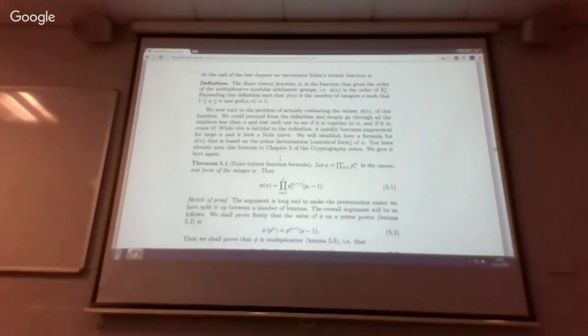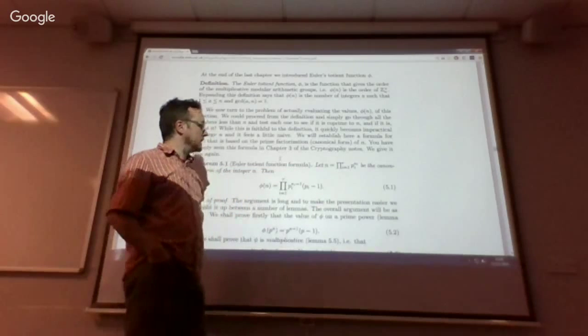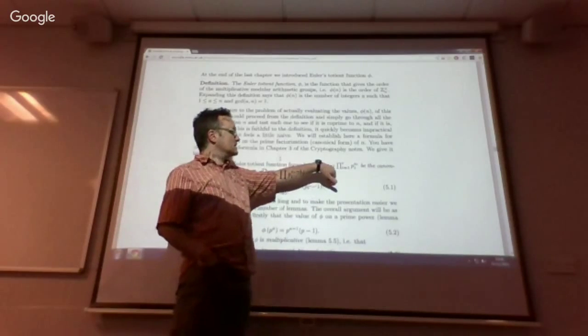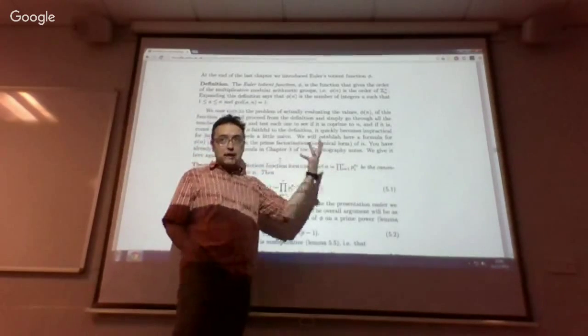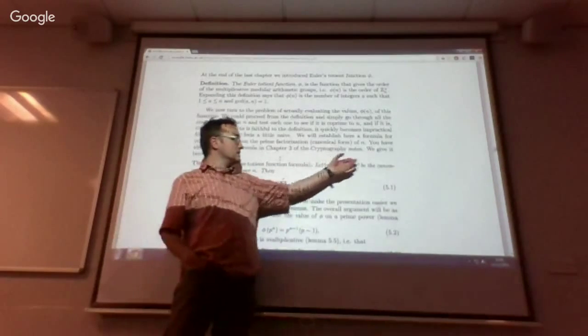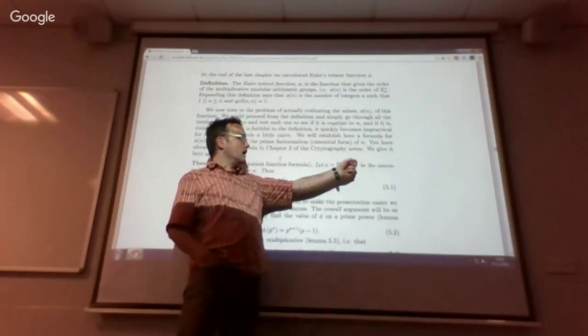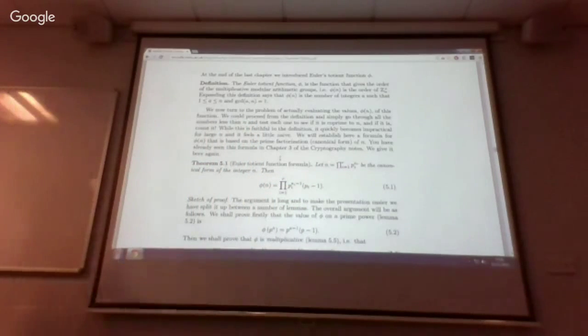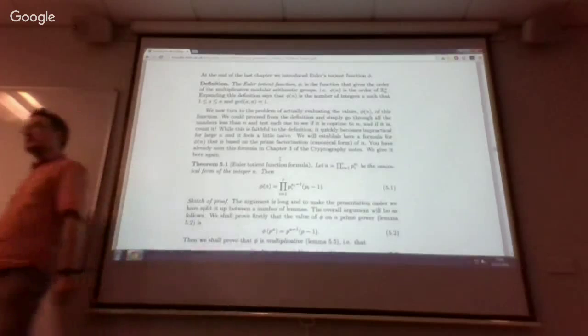The pi and ai are the primes and exponents that come from the prime factorization of n. So we consider the prime factorization of n. From the fundamental theorem of arithmetic, n can be written as a product, in a unique way essentially, of powers of primes. If you know the prime factorization of n, you know the value of phi of n using this formula.